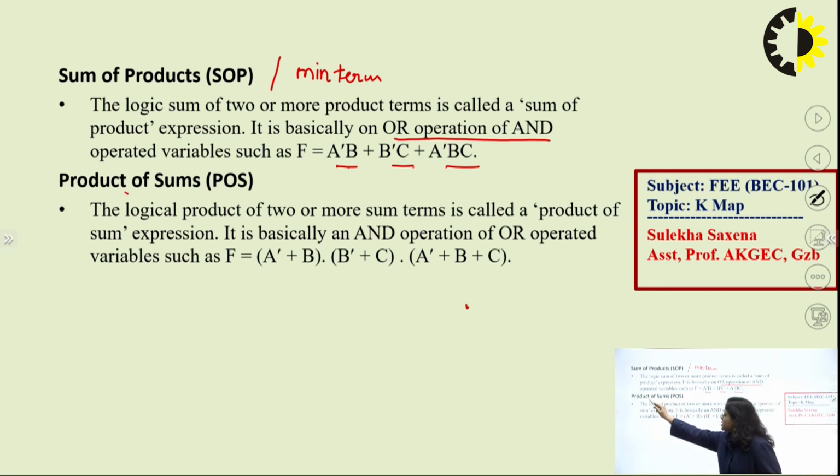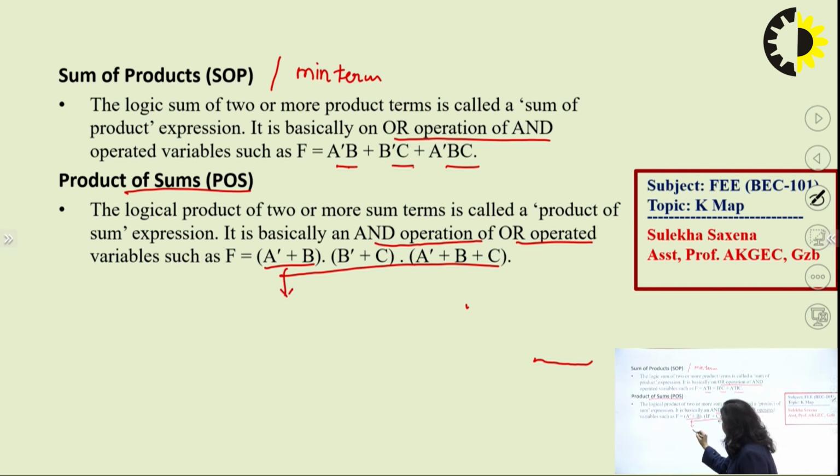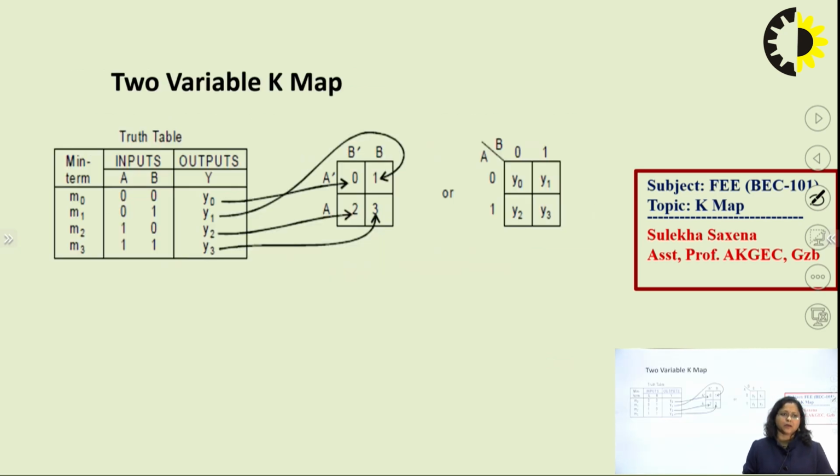Similarly, POS form is basically the AND operation of OR operated variables, that is each term is in sum form and the overall equation is the product of each sum term, and each term is represented as 0 in the KMap for a POS function. So, either we enter the values in SOP form or POS form in the KMap.